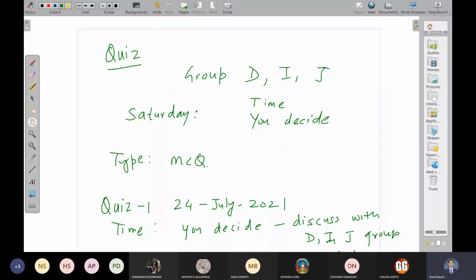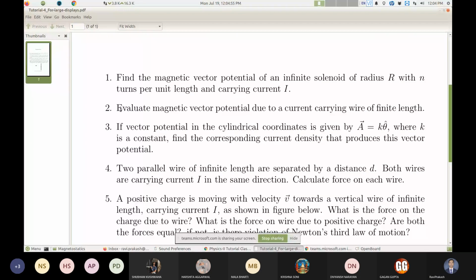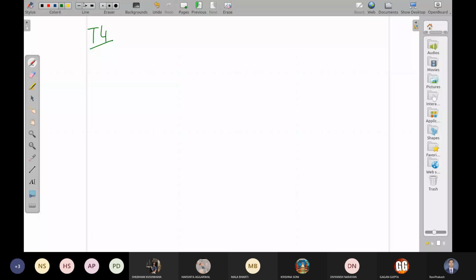Did you solve problem 1? It's an infinite solenoid of radius r, and obviously there are infinite turns, but we have n turns per unit length. It's a solenoid like this, and there are turns over it.